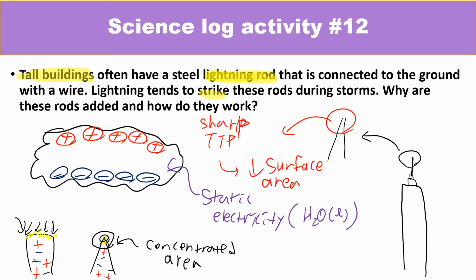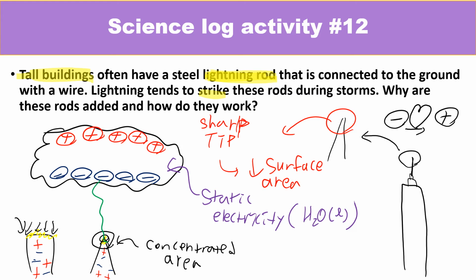The thing about electricity is electrons and protons, they are attracted. You guys know that. The negative and positive, they love each other. The only thing is the electron is the one that can go towards, and they are very attracted by a concentrated area where it has less surface area. This is the reason why lightning always strikes the rod.